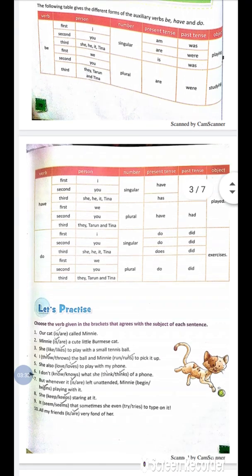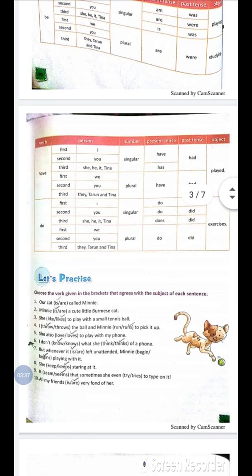Next is have or had. The verb we have to take have in first person, second person, third person, singular. I, you and he, she, it, any name, Tina. Okay, in present tense have and has, and in past tense had, and that is used in singular.